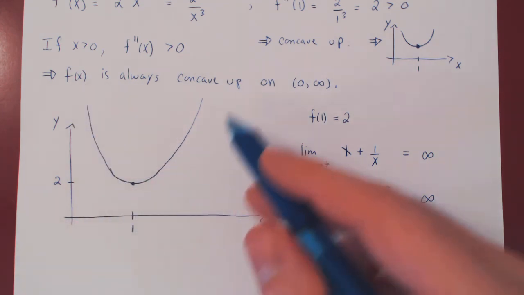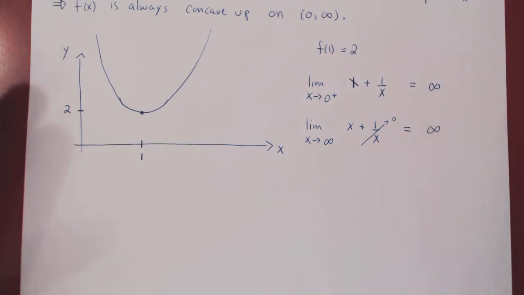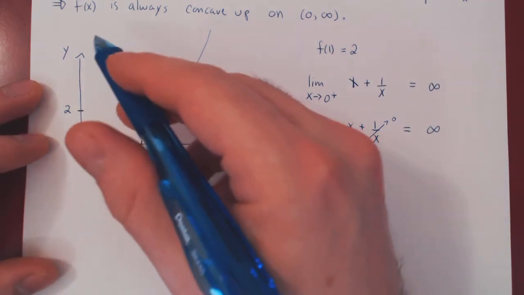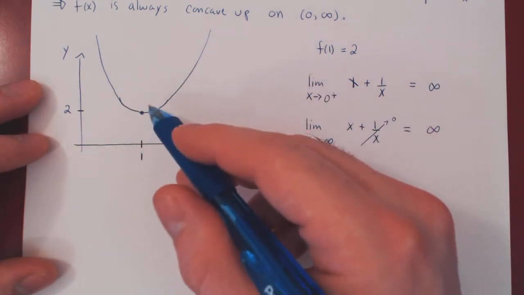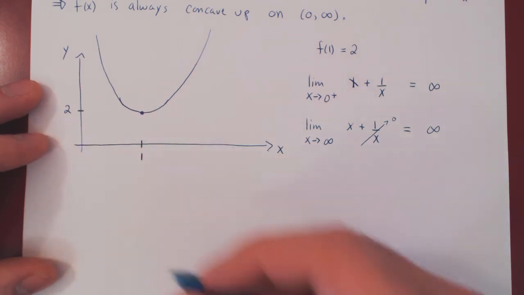We produced a rough sketch of our graph for positive values of x, and we can write our conclusion. The function does have an absolute minimum value, which occurs at 1, and the minimum value attained is 2.